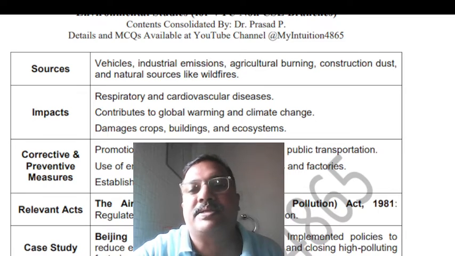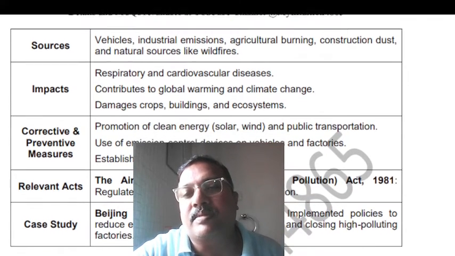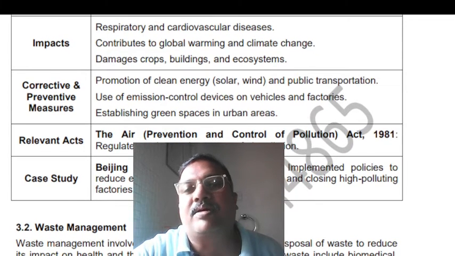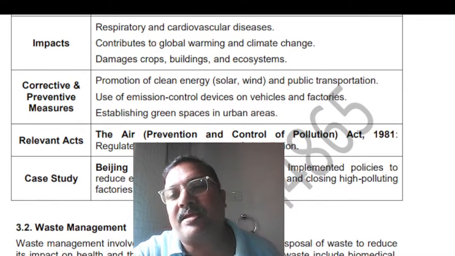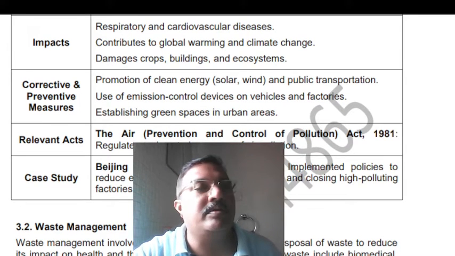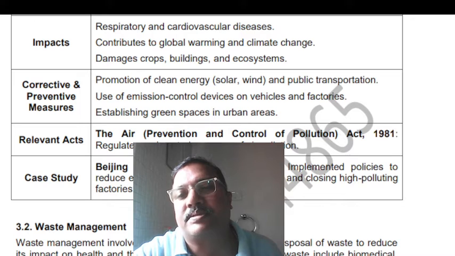One of the best examples was Agra. Taking two specific examples, it also disturbs the ecosystem.